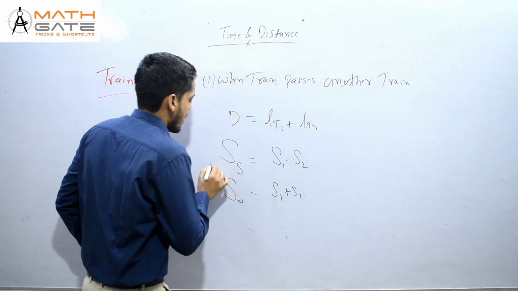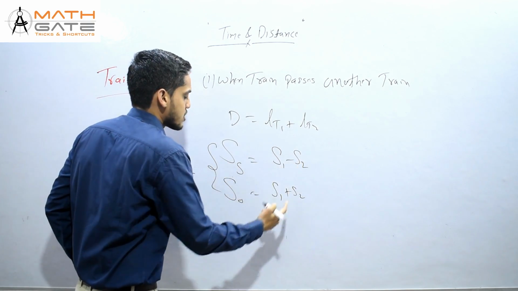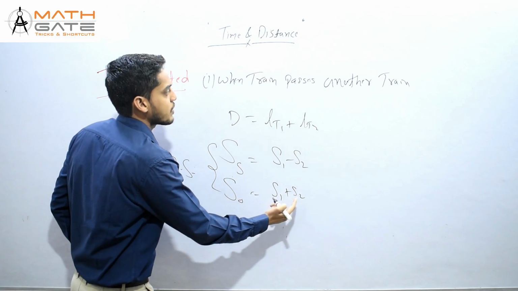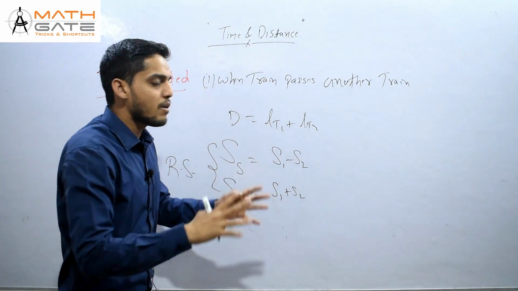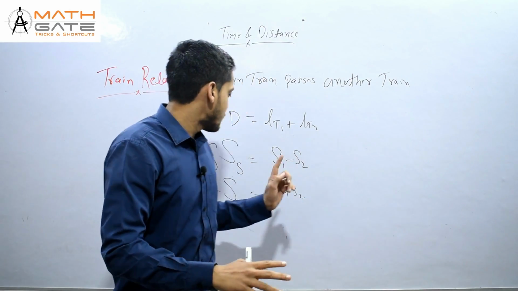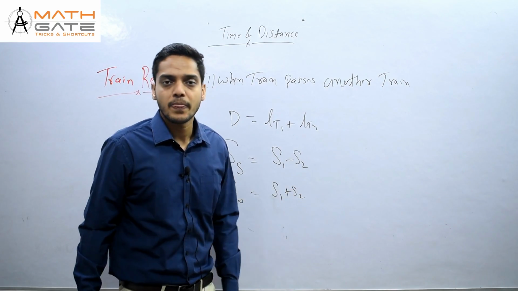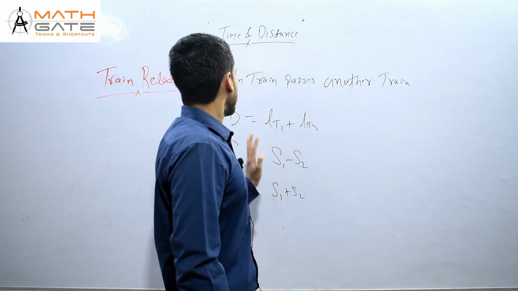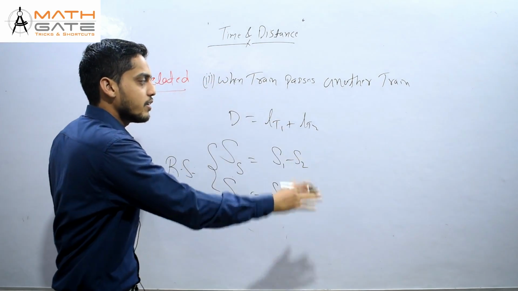We can say relative speed in same direction s1 minus s2 and in opposite direction s1 plus s2. When train passes another train, distance equal to the sum of the length of both the trains and speed equal to, in same direction subtraction, in opposite direction it is plus. So very easy concept until the third concept, when train passes another train.